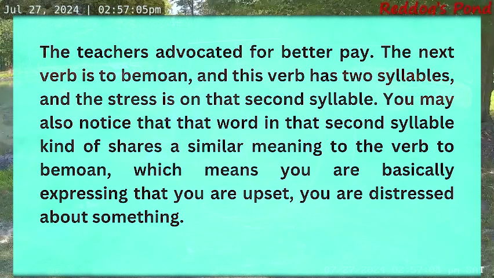The next verb is to bemoan, and this verb has 2 syllables, and the stress is on that second syllable. You may also notice that that second syllable kind of shares a similar meaning to the verb to bemoan, which means you are basically expressing that you are upset, you are distressed about something.